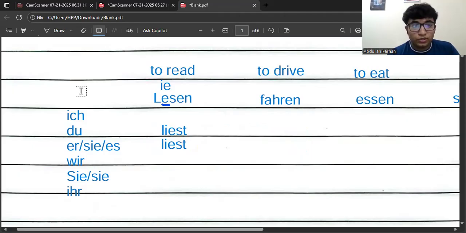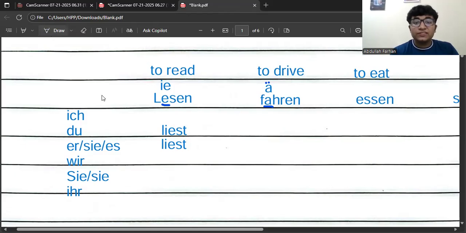Let me show you another one. In fahren, the A gets replaced with an A umlaut. We've talked about this before.